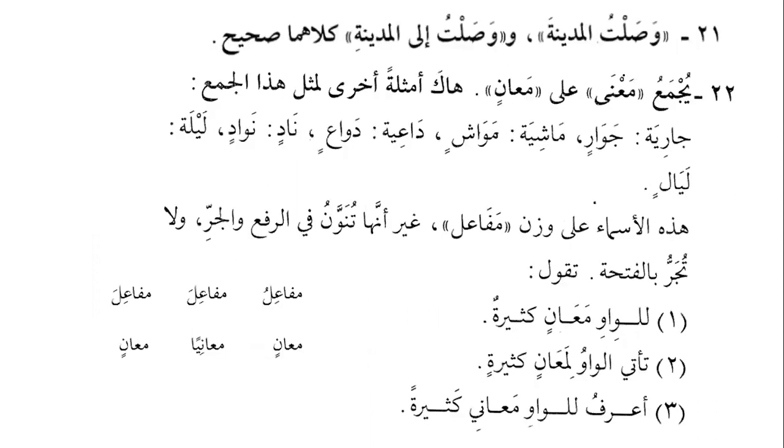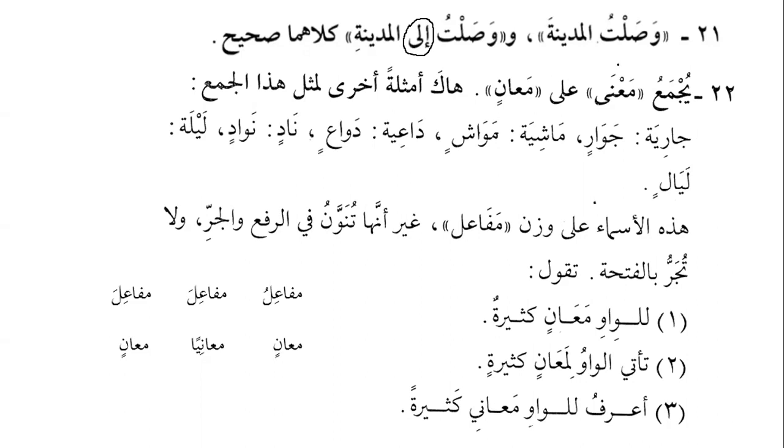21, it says wasaltu al-madina wa wasaltu ila al-madina, kilahuma sahih. So wasala yasilu, you can use it with the preposition ila, and you can also use it without the preposition ila as well. Like in English we say I reached home. So we don't really use to with that.